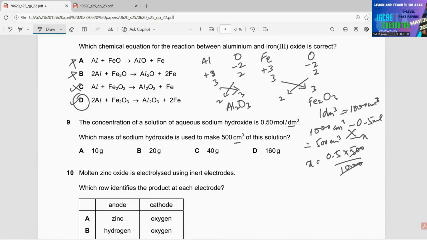What you will get? 0.5 multiplied by 500 divided by 1000, 0.25 moles. We need the MR of sodium hydroxide. Sodium hydroxide is NaOH.